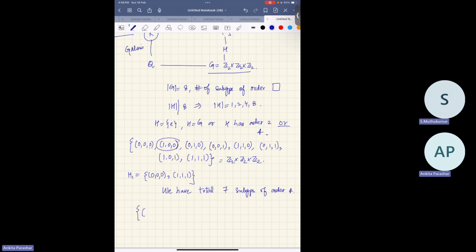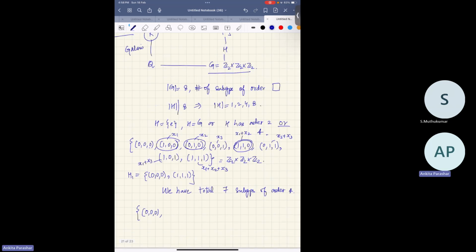So if you take this, then the sum should also be there. Let's call them x1, x2, x3. Then we get x1 plus x2, x2 plus x3, x1 plus x3, and x1 plus x2 plus x3.